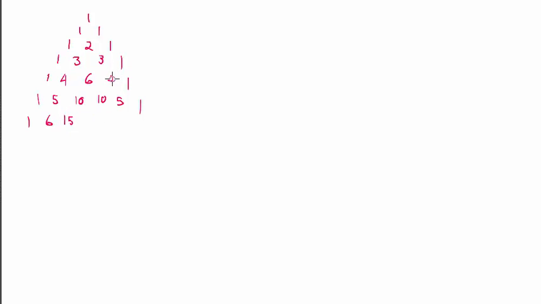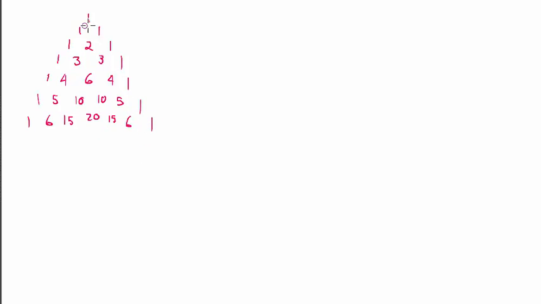Then 1, 4, 10, this one is 20. This one is the arithmetic sequence. This is the quadratic sequence, and this one will be a cubic sequence. We don't do cubic sequences, but then the next one will be a pentic sequence, in other words, x to the power of 5, whatever. But this one will be 15, and this one will be 6 and 1.